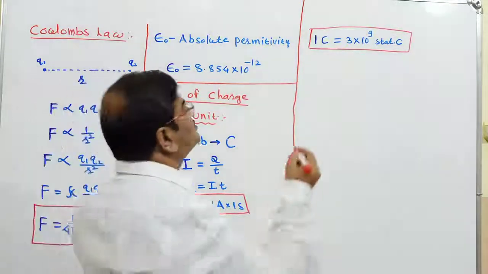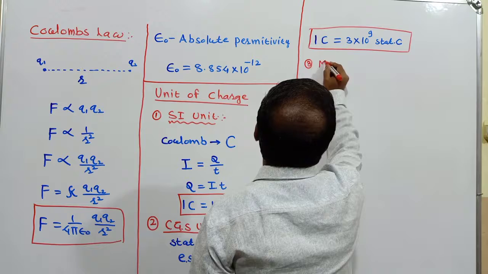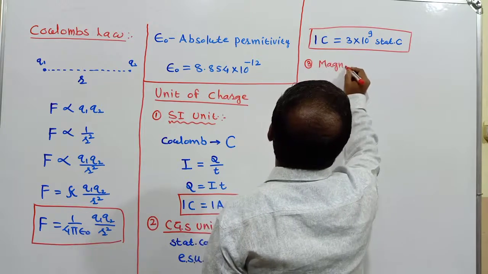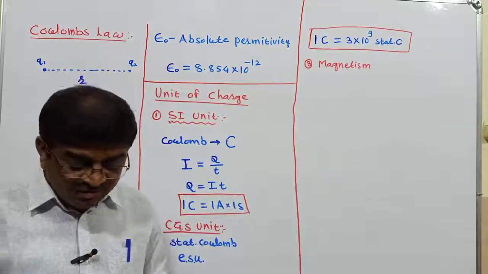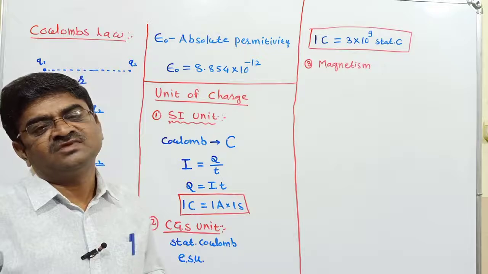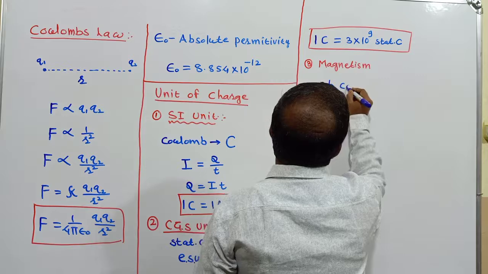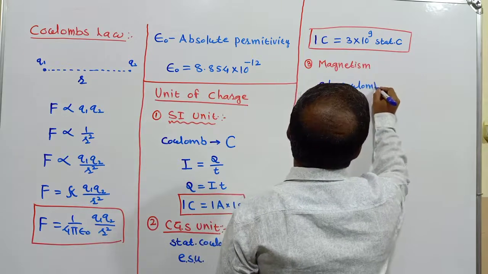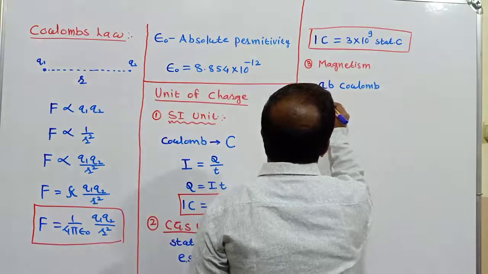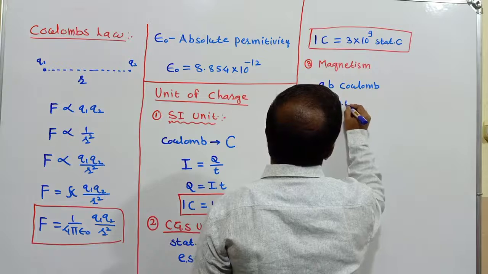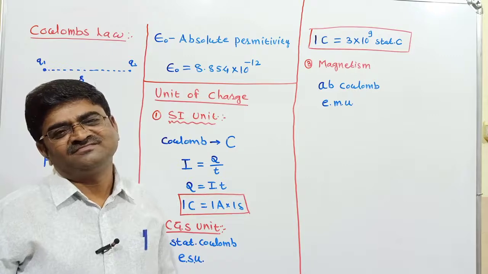In addition to this, whenever we talk about the unit of charge in magnetism, we have another unit for charge, which we call ab coulomb, or you can also mention it as EMU, electromagnetic unit.